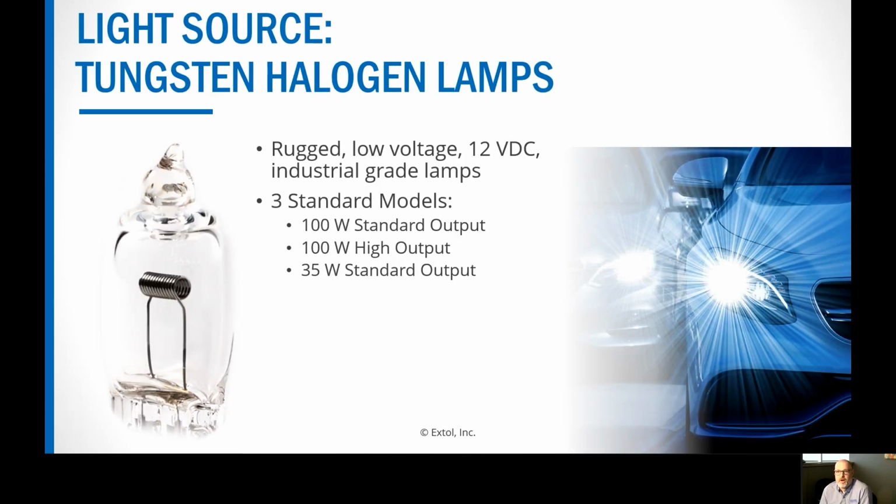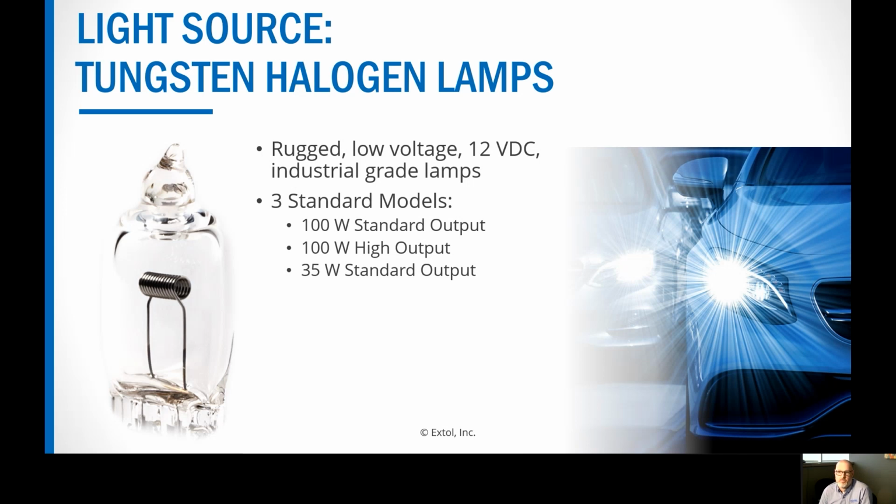We talked a minute ago about the energy source. The lamps that are used in the InfraStake modules are tungsten halogen lamps. They are an industrial grade, not very dissimilar from what you would see in a headlight of your car, maybe in a flashlight or your work light. There's nothing really special about these other than they're an industrial quality.